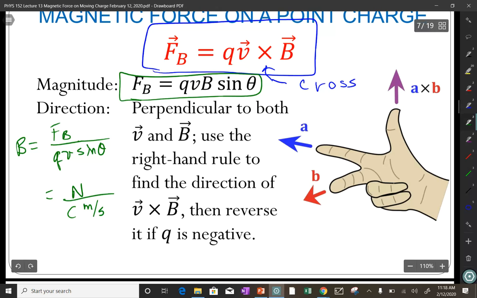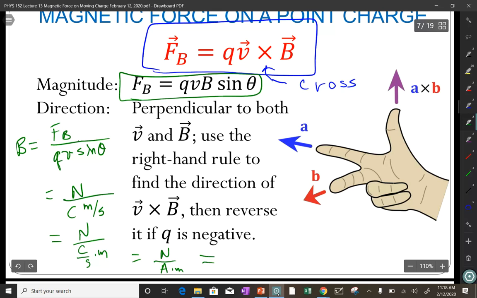Absolutely. So the unit for magnetic field must be a Newton per Coulomb times meter per second. You can rearrange that a little: Newton over Coulomb per second times meter. And what's a Coulomb per second? So you could write that as Newton over amp times meter as well.